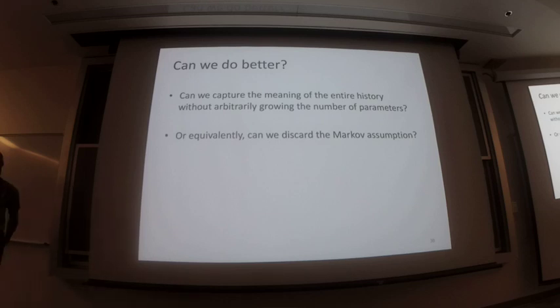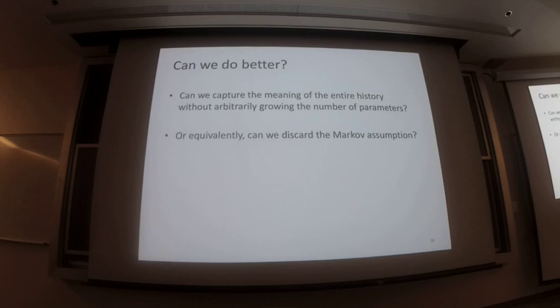After making the assumption of the first order Markov model, we had the results for that model, but we are still asking ourselves, can we do better? And the answer is yes. We are asking whether we can assign probabilities over sequences where we do not explicitly remember the entire sequence.